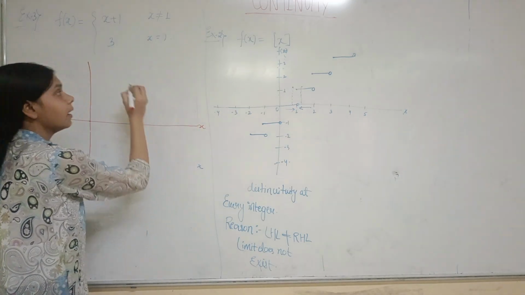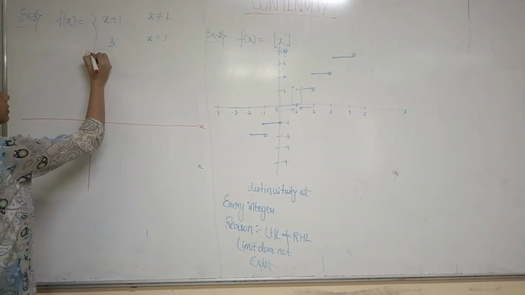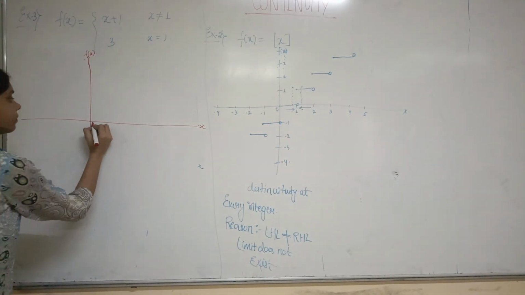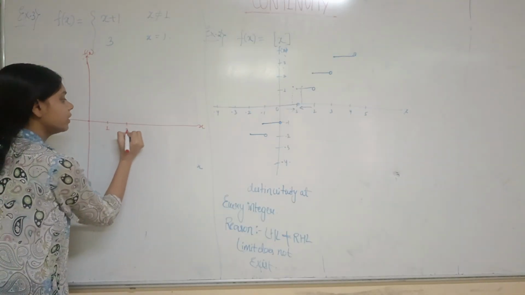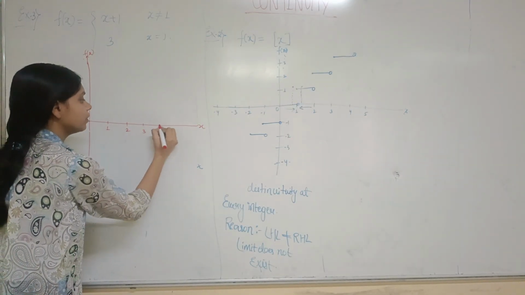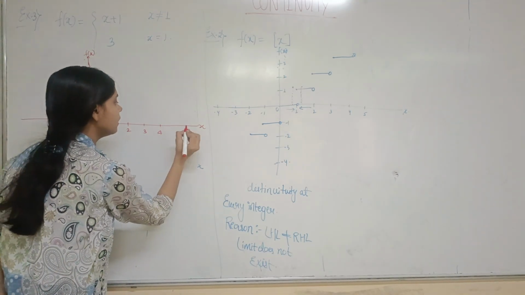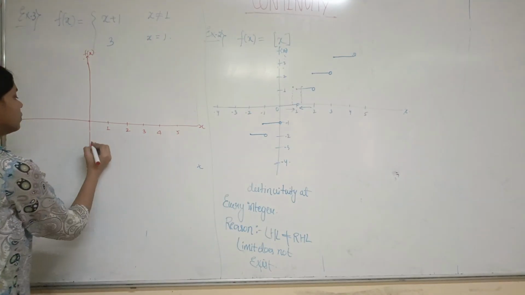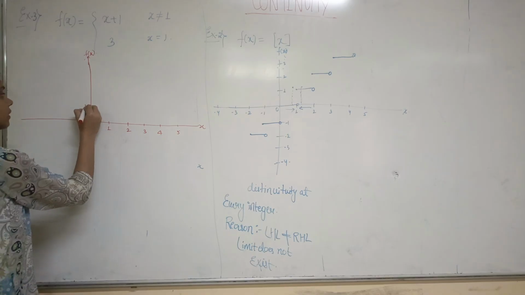This is x and this is f(x). Everyone, in your notebook draw the graph of the given function, because I already explained in the function chapter how to draw the graph of such type of functions, right?